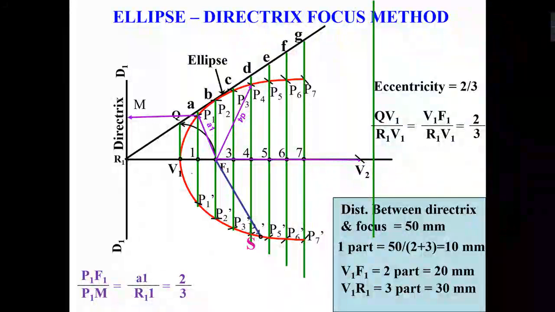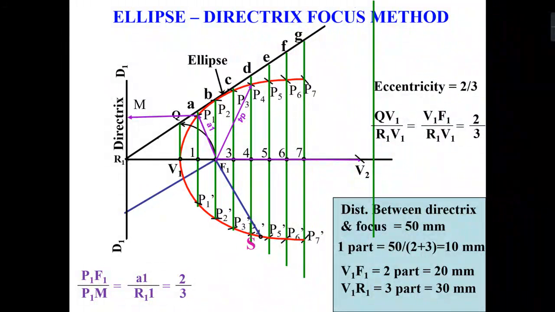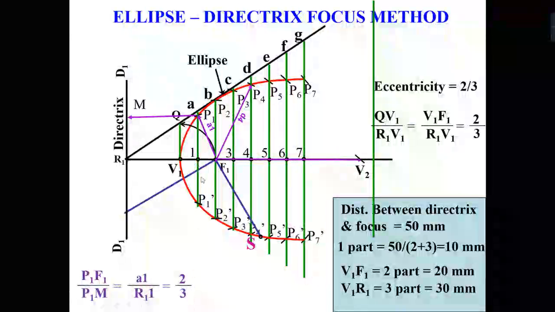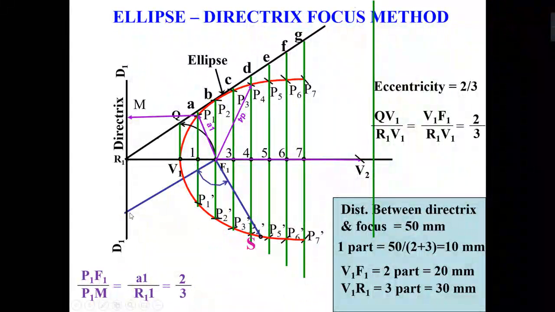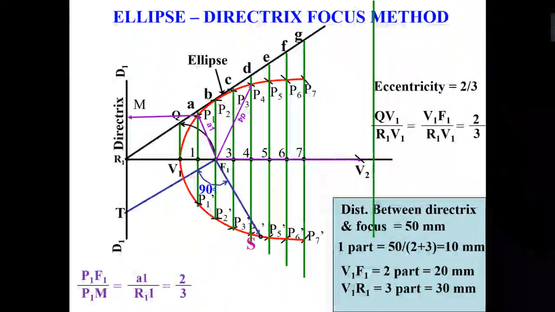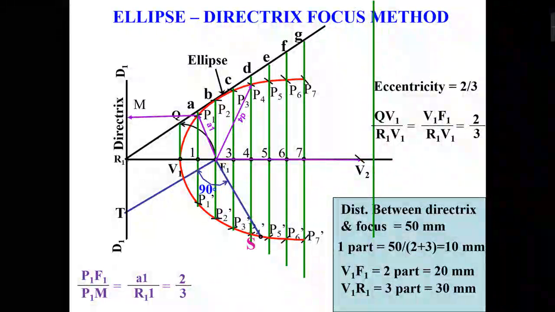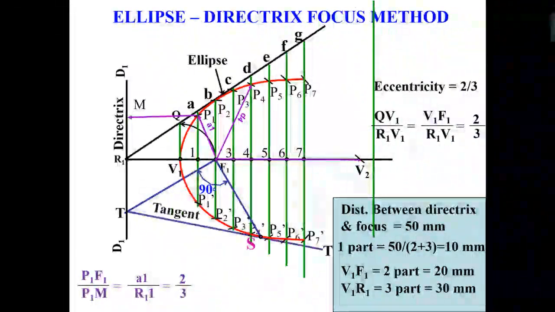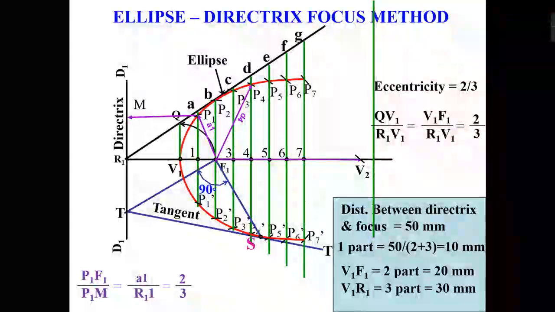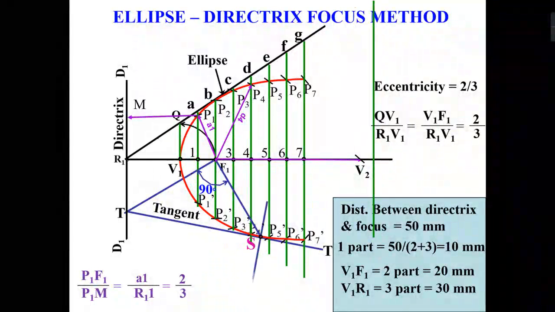Then I will draw a perpendicular to this line that will cut the directrix at a point. Suppose this is a point T. After getting the point T, I will join the points T and S. So this will be your tangent and you can draw the perpendicular to it. That will be the normal.